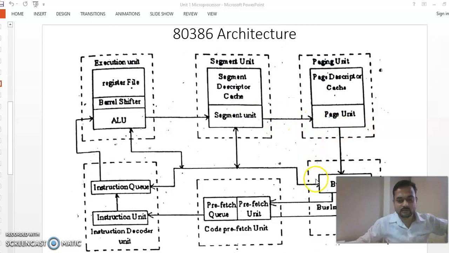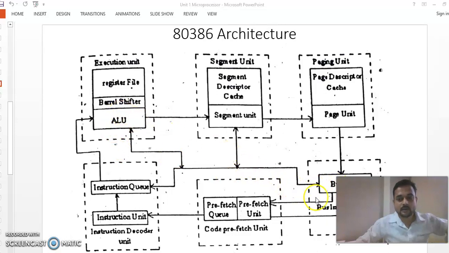Actually, if you see the 80386 architecture, the MMU, memory management unit, is available. This is not available in the 8086 microprocessor, and that is a limitation of the 8086 microprocessor. The 8086 microprocessor has the bus interface unit and execution unit.